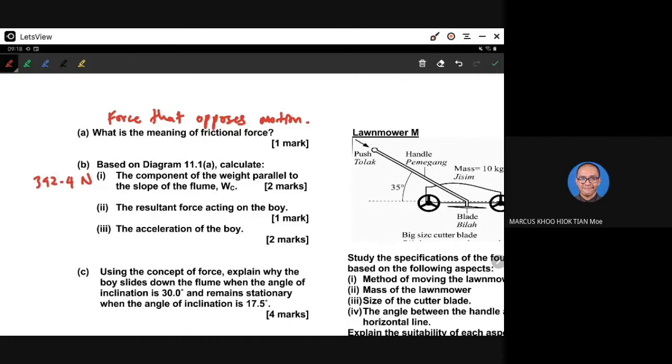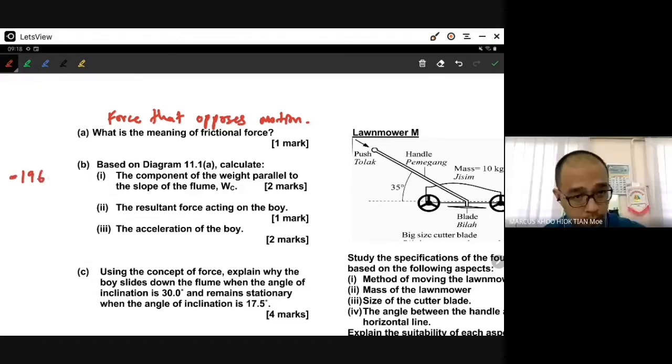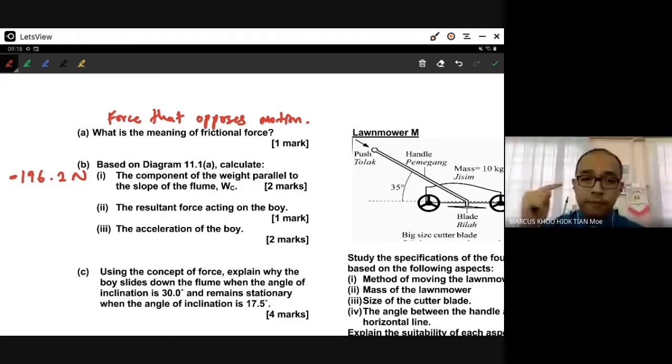Number 1 is? Oh, not negative 392.4. Negative 196.2 newtons. Okay. If there is no negative sign it's also fine. Stop going downwards. As long as you understand which one is positive and negative. If you say downwards is negative, then we have to write negative. But if you didn't write the negative, make sure you understand that downwards is positive.